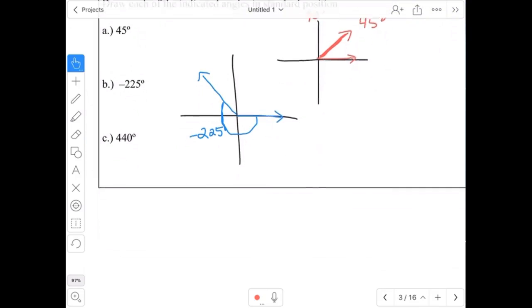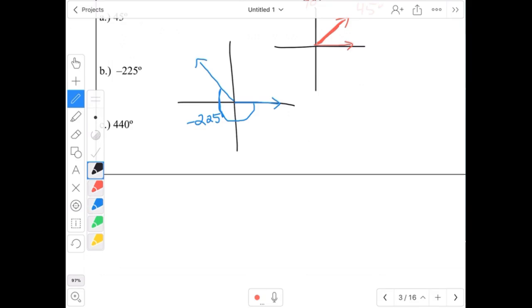Now for this last one, 440 degrees, you might notice that this is higher than the degree of our actual Cartesian coordinate system. So I know that that is 360 degrees all the way around. Now if I'm going to reach 440 degrees, I'm going to need to go another 80 degrees.